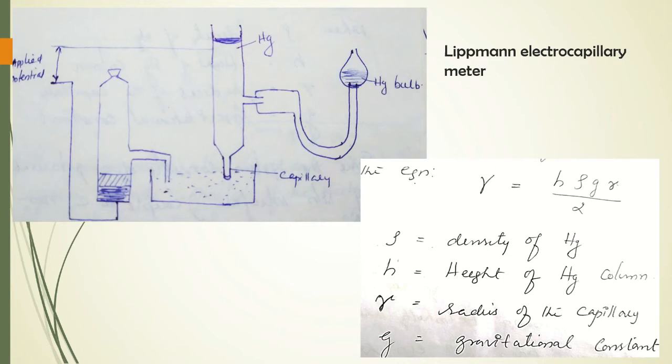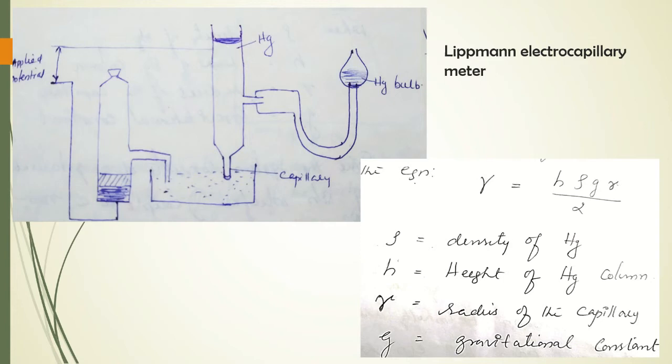When a potential is applied, the position of the meniscus is seen to change, but may be restored to the original position by changing the mercury reservoir. If you make any change in this mercury reservoir, you will see a change in the mercury meniscus in this tube.